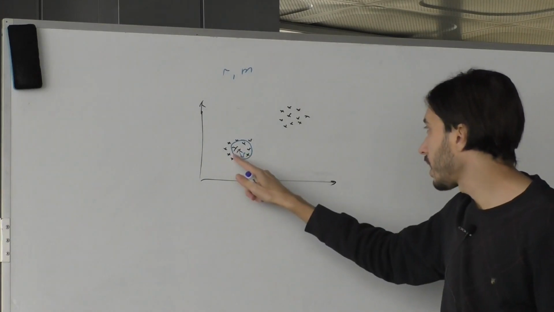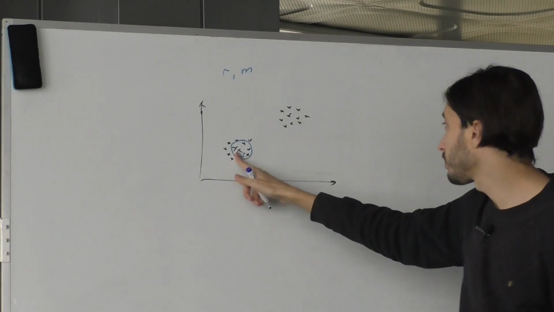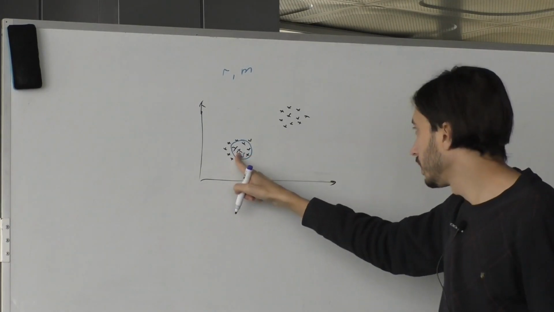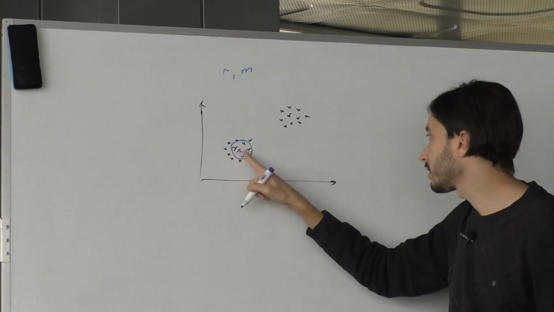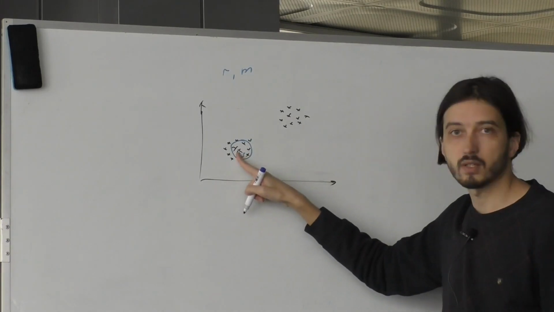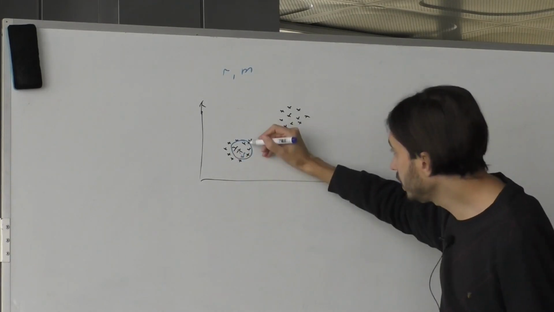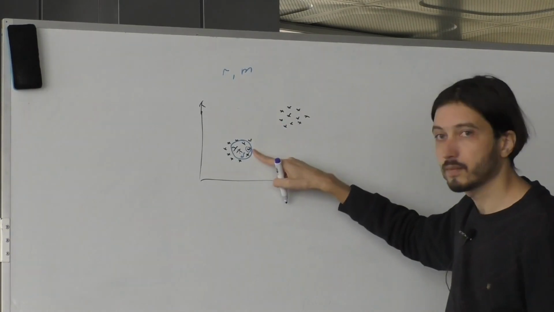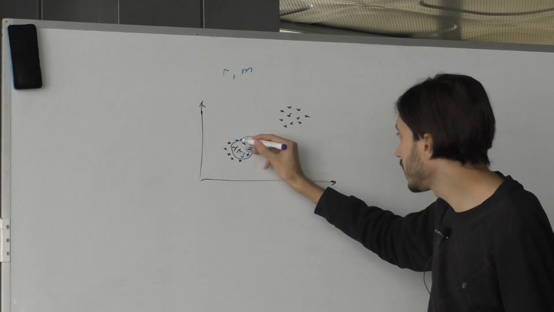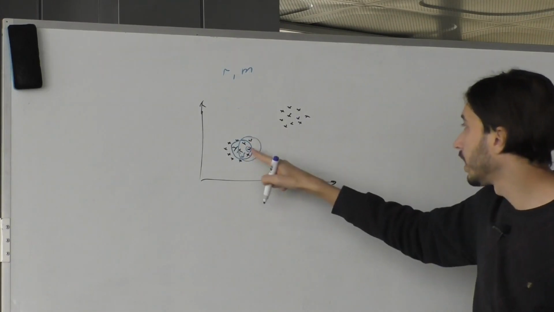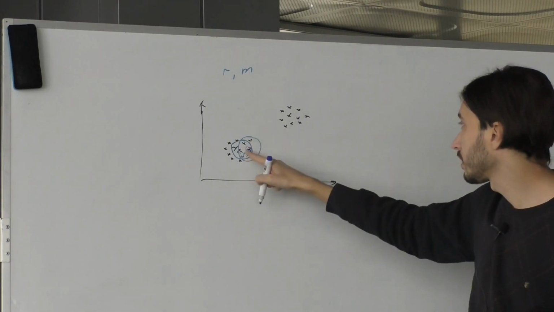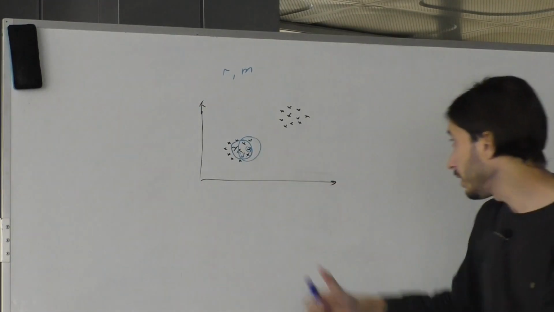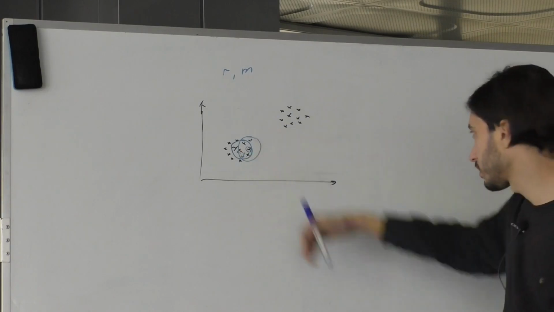So I prescribe to this point, let's say, a cluster blue, for example, and I prescribe that cluster to all the points around it. Then I'm taking each of these points, and I'm looking, for example, at this one, and I'm looking once again in the radius r around this point. Do I have enough points for it to be a core point? And I do that so on, and so on.